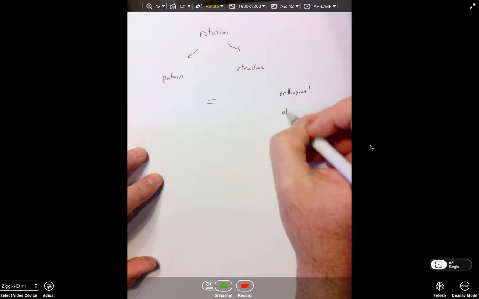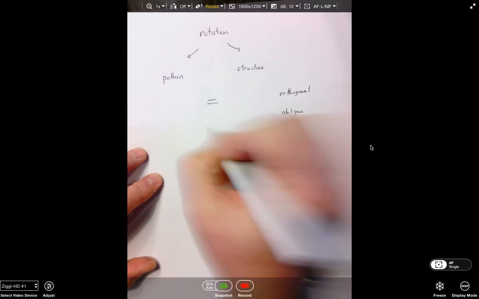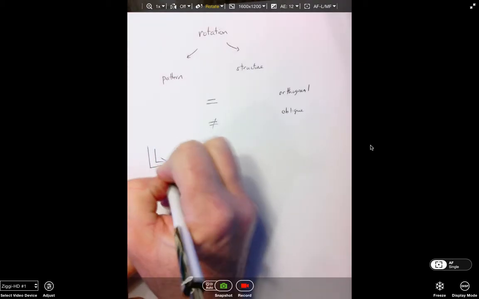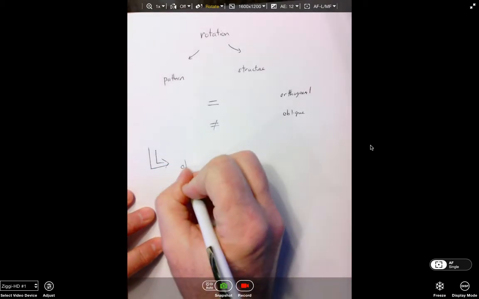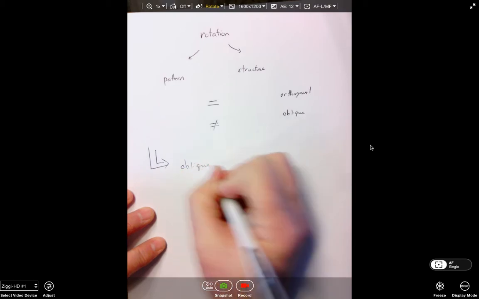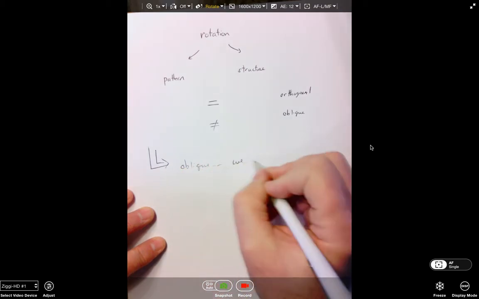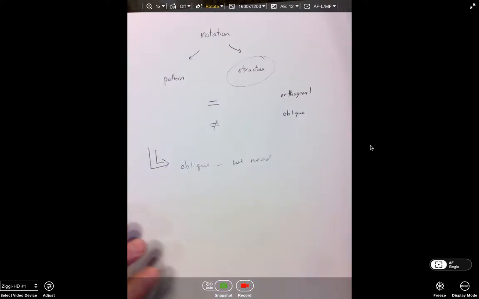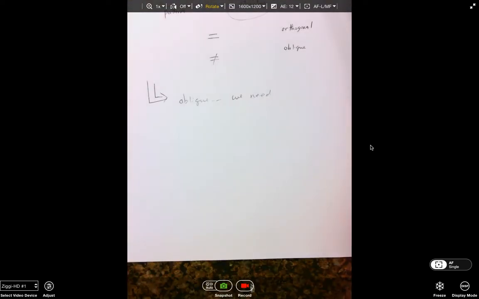For oblique, these two aren't the same. So, guys, it should be pretty commonsensical from here that since we ran the oblique, we need to create the structure matrix.